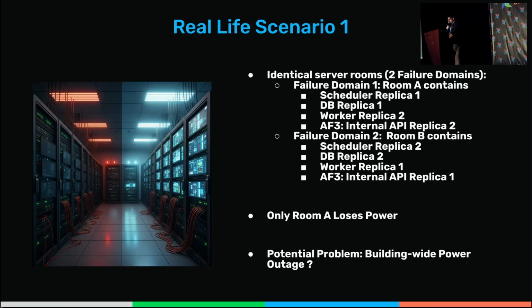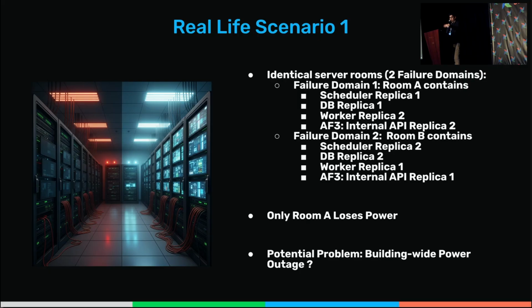So in this case, let's assume that we have 2 rooms. There are the 2 failure domains. The first contains replicas for schedulers, DB, worker, internal API. We're using only those as if they are the only critical components in our setup. And in the other room, we have the second replica of the scheduler, DB, and the worker in Airflow 3, and the internal API if you're using Airflow 3.